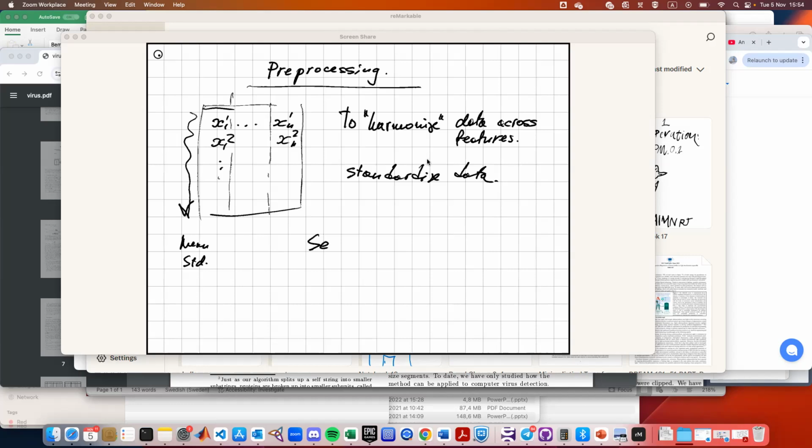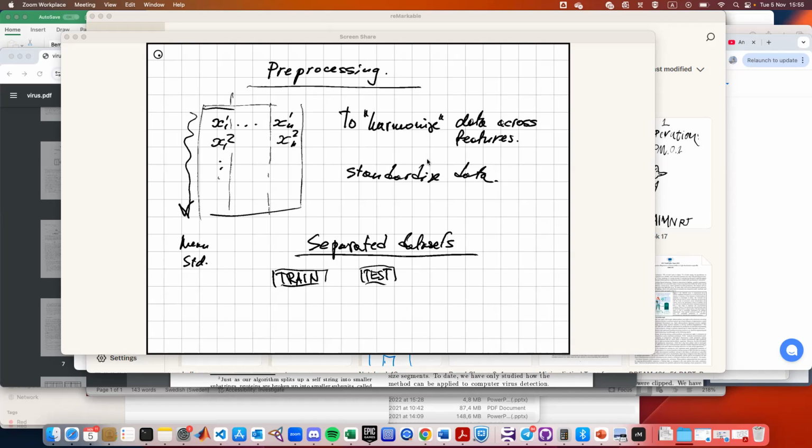So we have train and test. How would you approach standardization here, or data pre-processing? Which of these two files will you use for computing this mean and STDs?